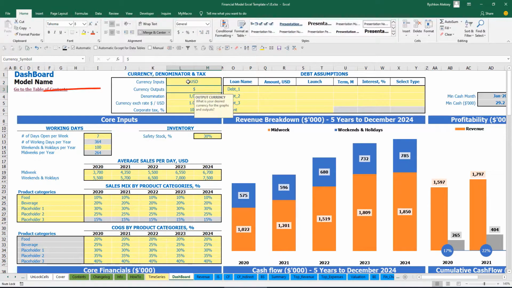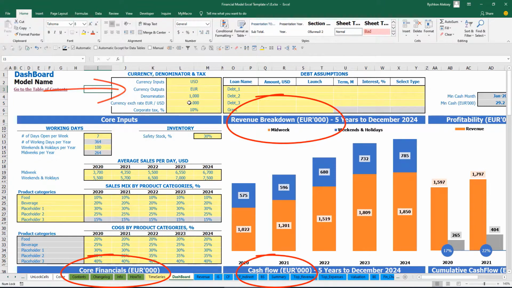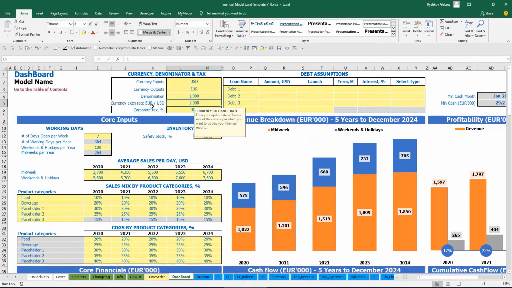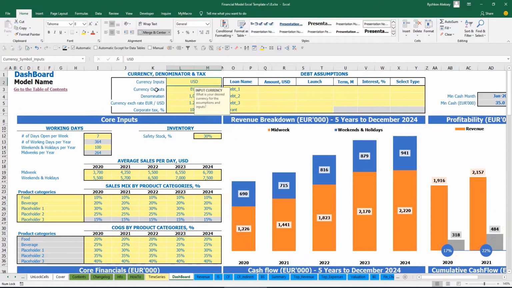When you input in United States dollars, you have euro as outputs, and in this case you can set up a currency exchange rate, for example 1.2. In this case you will have in the model all your inputs in United States dollars, all your outputs in euros, and there will be a conversion rate between currency inputs and currency outputs.